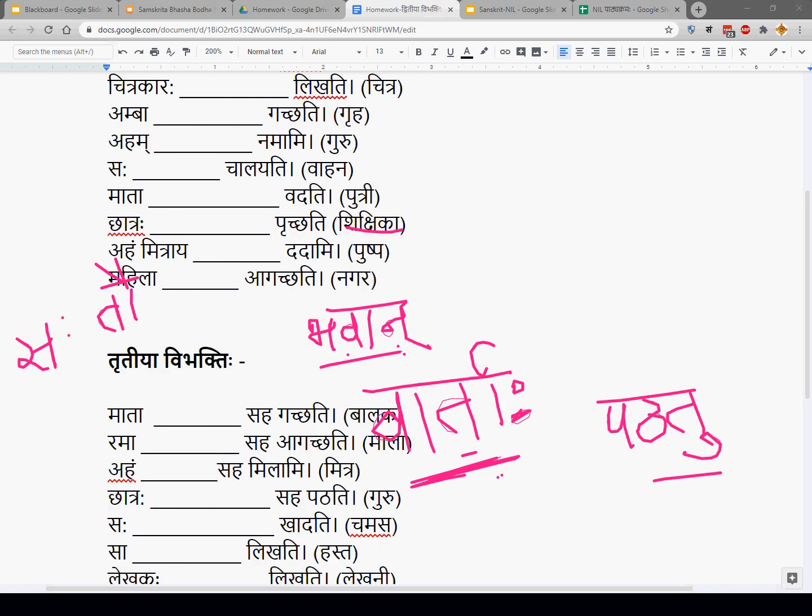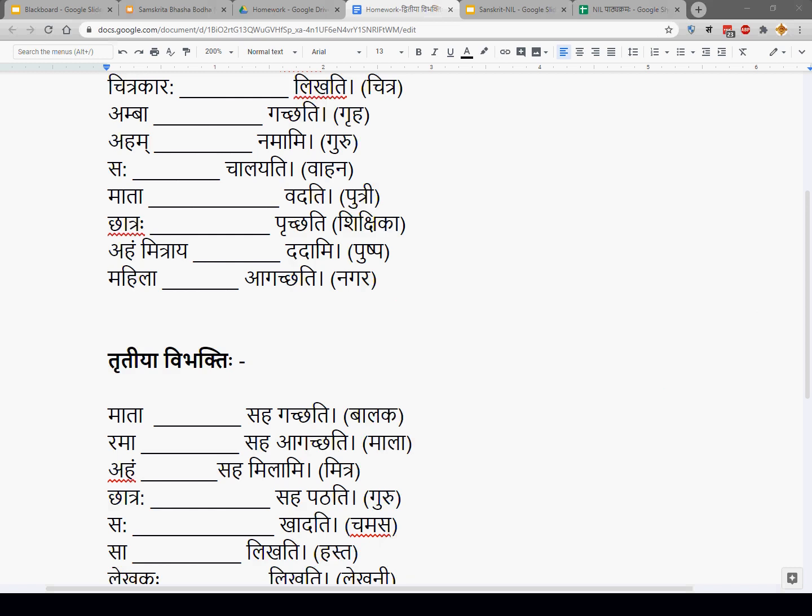Note that Vartaha is a Strilinga word ending in R. Vartaha is the Dvitiya Vibhakti, second case ending, Bahuvachana form. Don't confuse this with Brahmaha, Prathama Vibhakti. It looks the same, but in this case it is the second case ending. Anyway, let's put Vartam here. Bhavan Vartam Pathatu. This is our sentence.